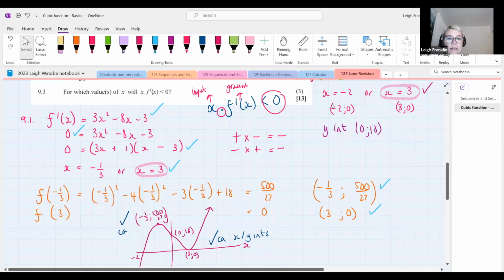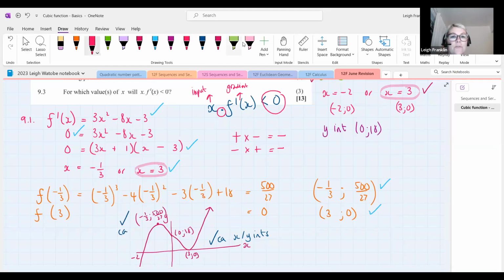So where the gradient is negative, let's have a look at the first situation. That's this one that I'm highlighting in pink. Let's first consider where x is positive, but the gradient is negative. That means you need to look to the right of the y-axis, where you are walking downhill.